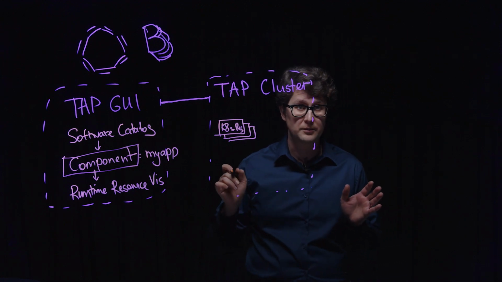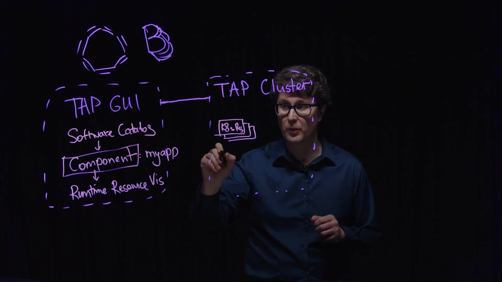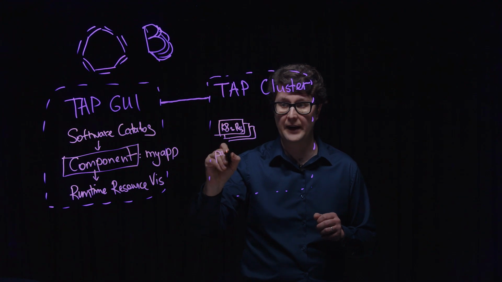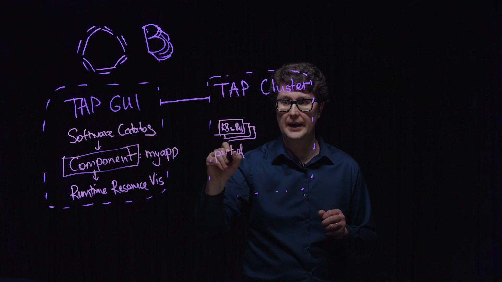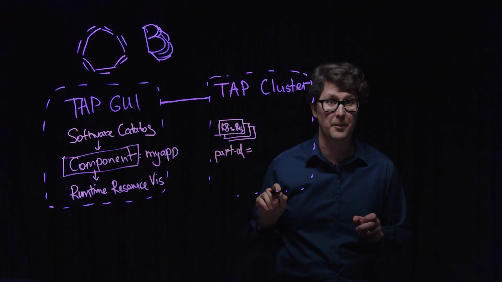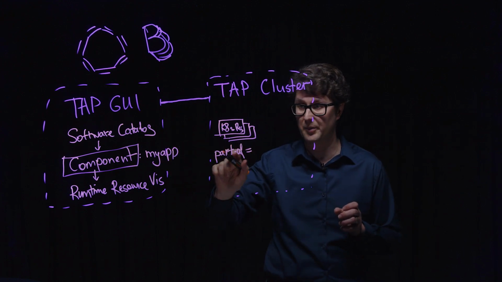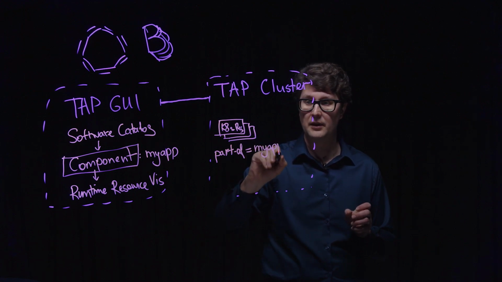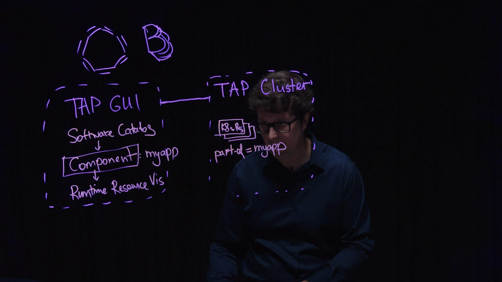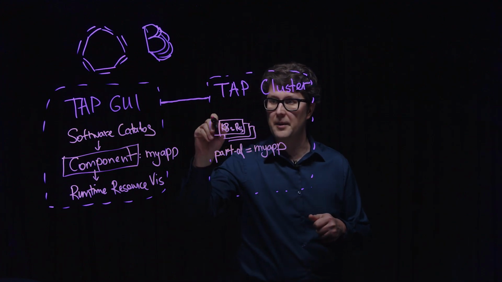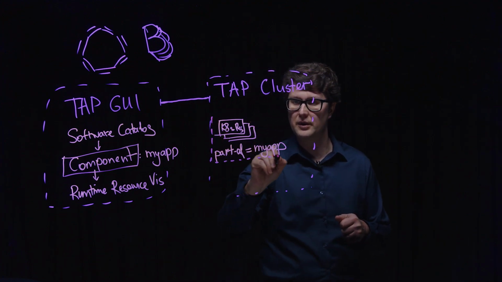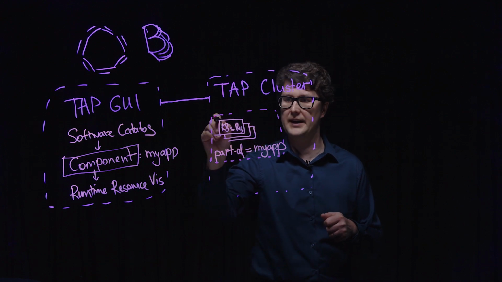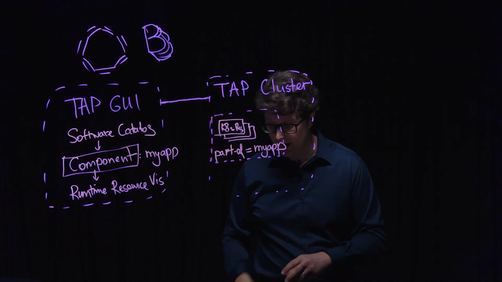For our best practices, we would recommend using a specific annotation that ends with part-of equals the name of the component you're looking at. So in that case, it will be part-of my-app. And I will draw another imaginary boundary to get all the resources that have that same annotation here.